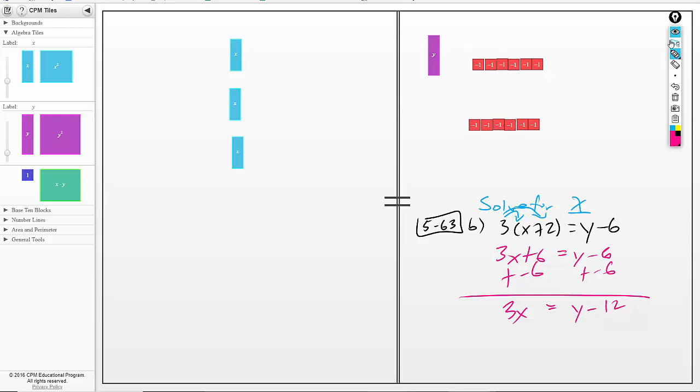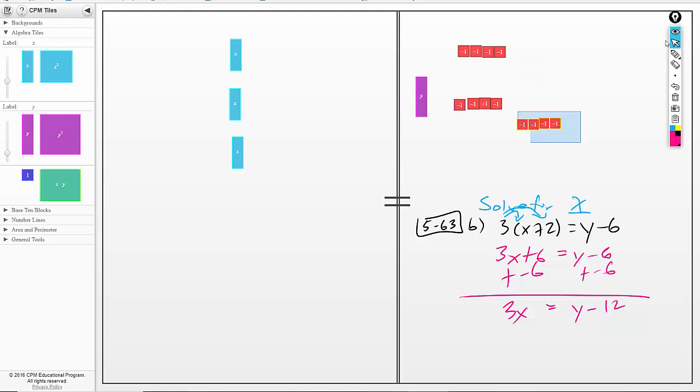Okay, from there, I noticed there are 3 groups. Well, this y is going to be split with all 3's. And then on the left side, if I have 4 negatives there, 4 negatives on that one, and 4 negatives from this x.